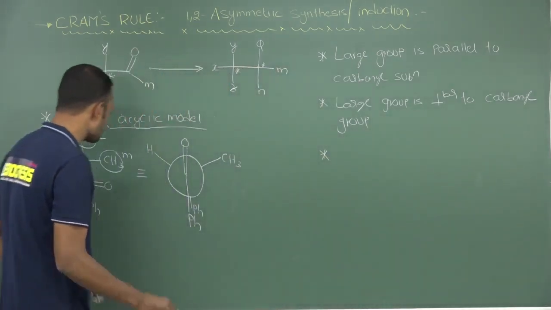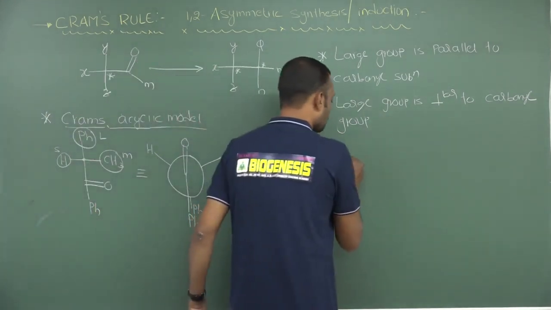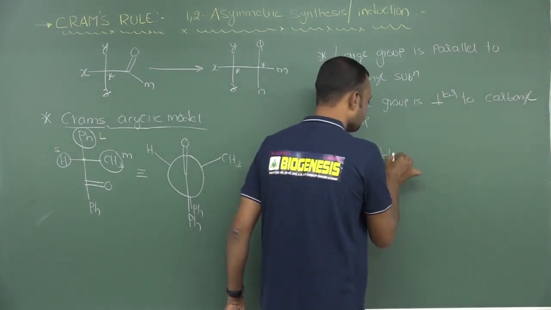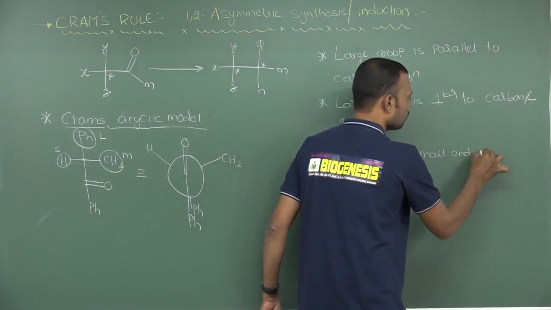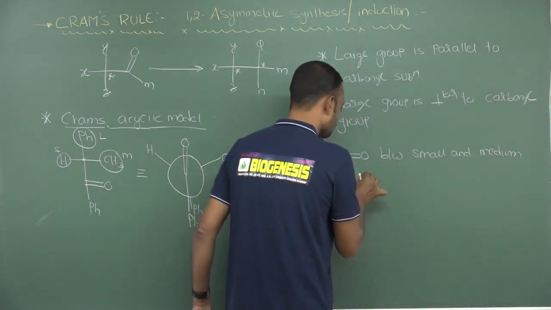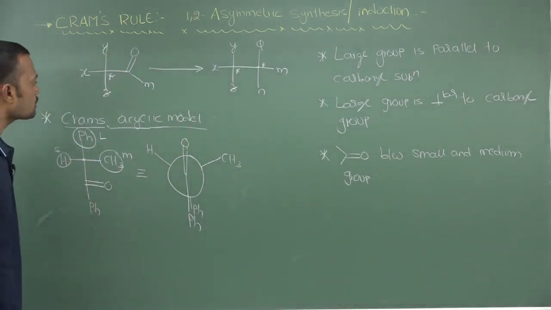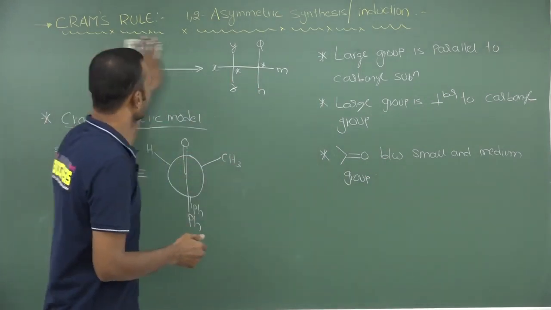What are the remaining two substitutions here? Medium as well as small group. So whatever carbonyl group we are taking, it should be flanked in between the small and medium group. Now we will see how this particular rule helps to predict the product. See this.